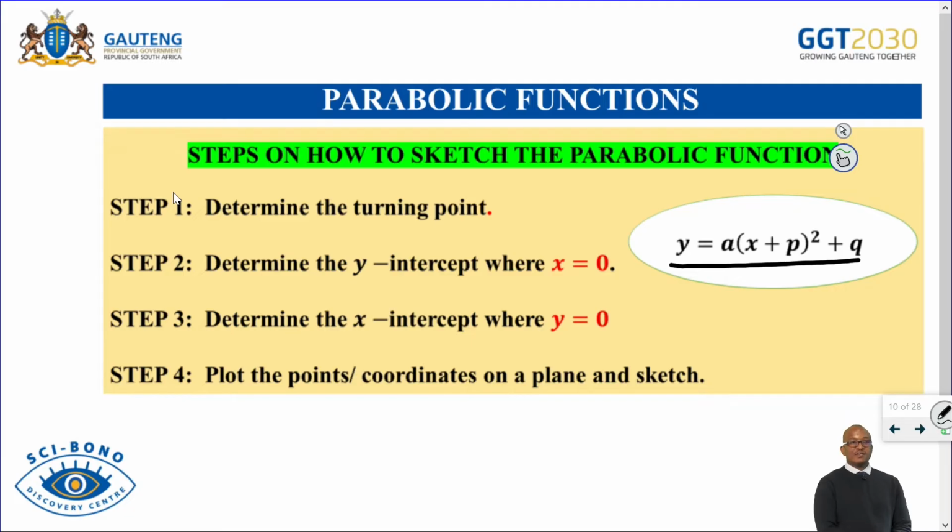So we have step 1, where you have to determine the turning point. And then step 2, we have to determine the y-intercept where x is equal to 0, and the x-intercept where y is equal to 0. And then we also have to plot.